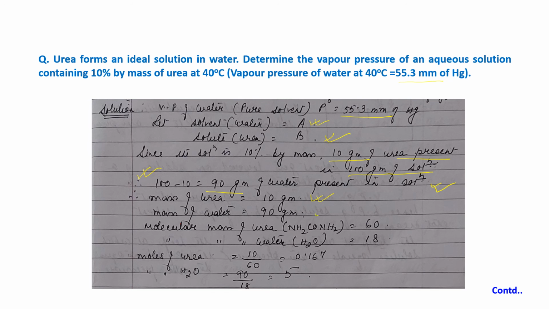Mass of water is 90 gram. Molecular mass of urea is 60. Molecular mass of water is 18. So moles of urea is mass by molecular mass, 10 by 60, which is 0.167. And moles of water is 90 by 18, which is 5.